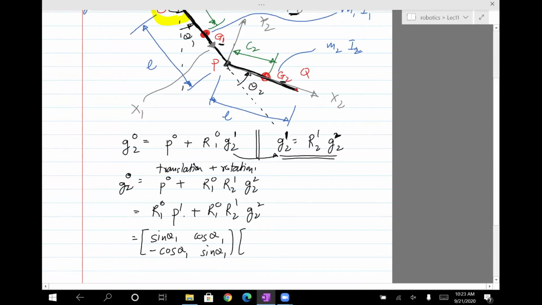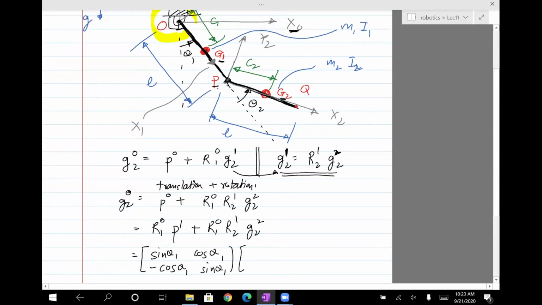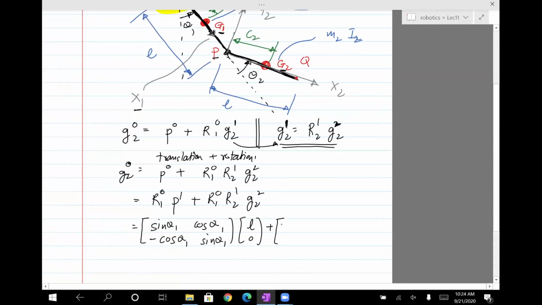And then the position of P in frame 1, which is now x1, is going to be L0, because the length of the link is L, plus R10. So R10 is the same as what I have written down here: sine theta 1, minus cosine theta 1, cosine theta 1, sine theta 1.